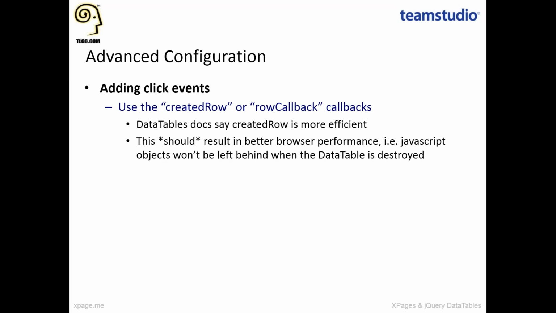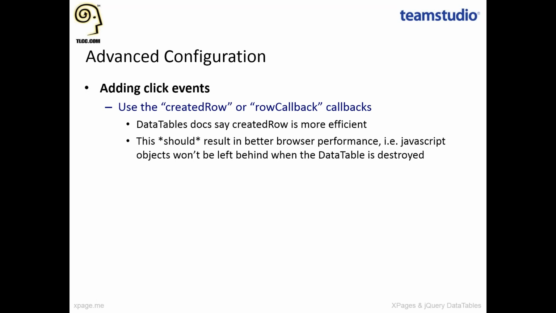Okay, so adding click events. We just took a look at the life cycle. We saw the created row event and the row callback event. These are the callbacks you want to use to add that functionality. DataTables in their own documentation says use created row, and this should result in better browser performance.